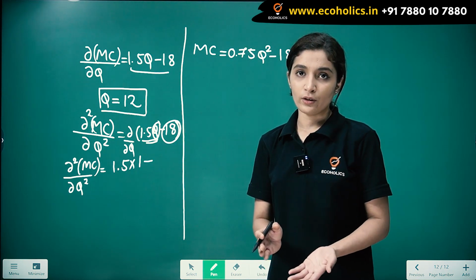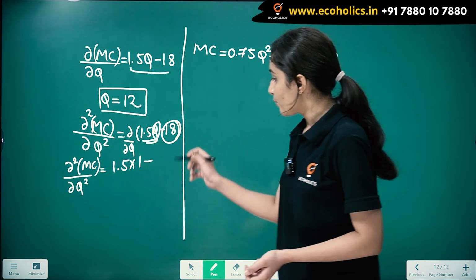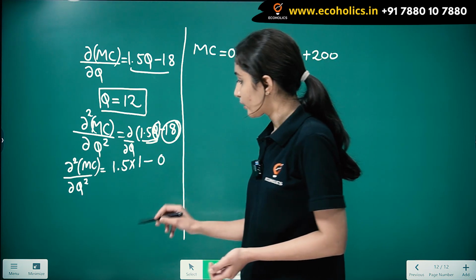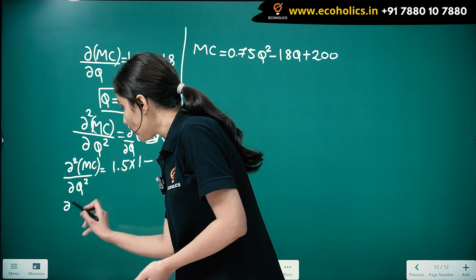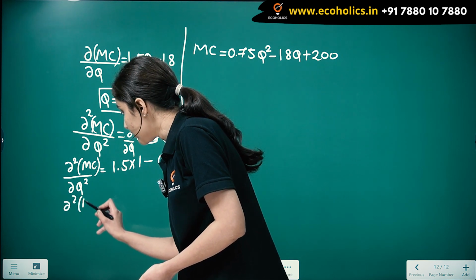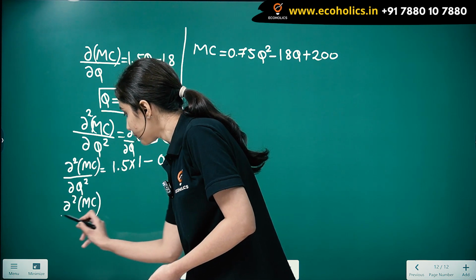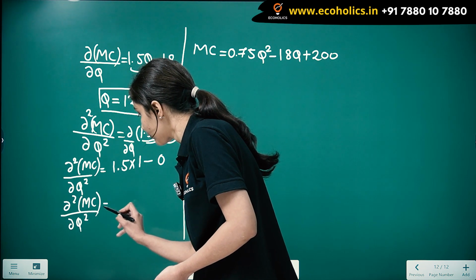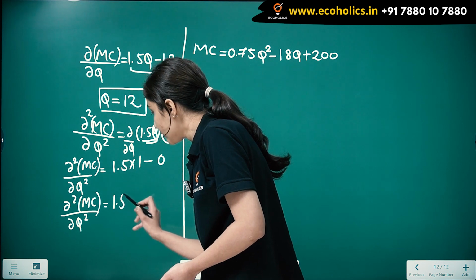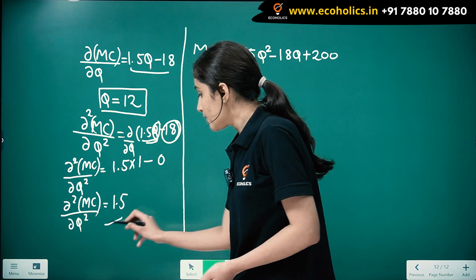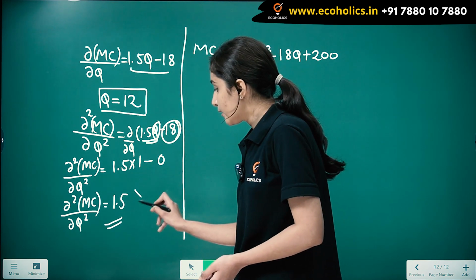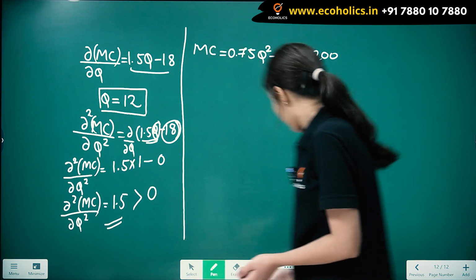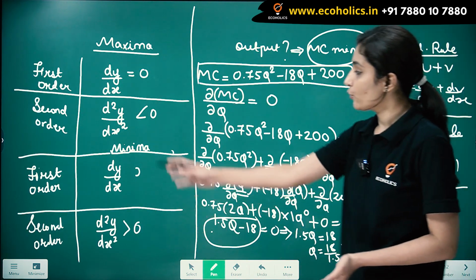The derivative of a constant term is always 0. So our second order derivative in this case is 1.5, and this 1.5 is greater than 0, and this was the condition for minima.